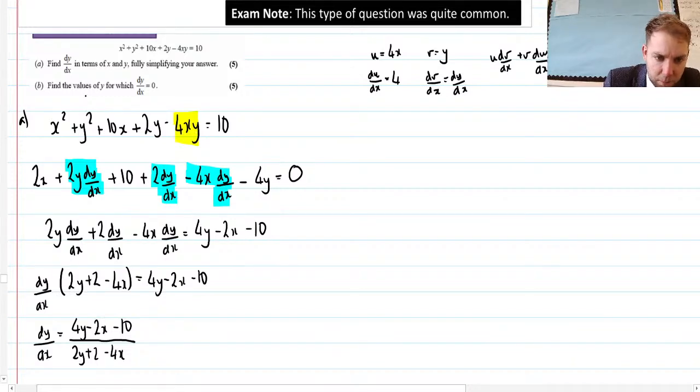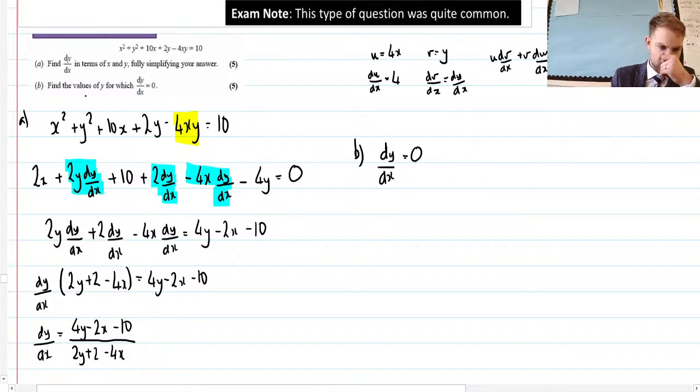Now the next part, B, says find the value of y, or the values of y, for which dy by dx is equal to 0. 5 marks. Okay, so here we want when dy by dx is equal to 0.